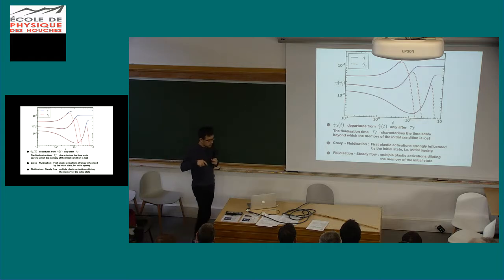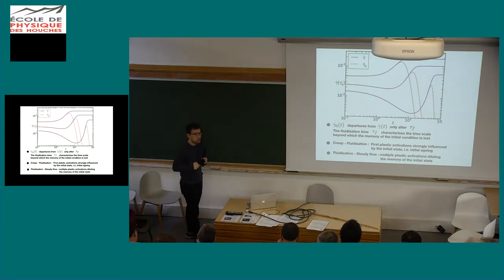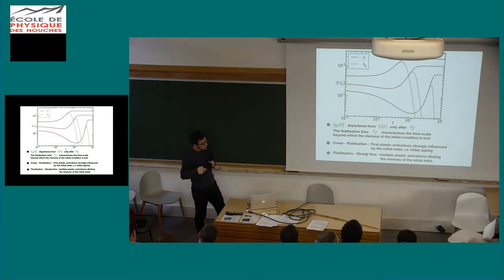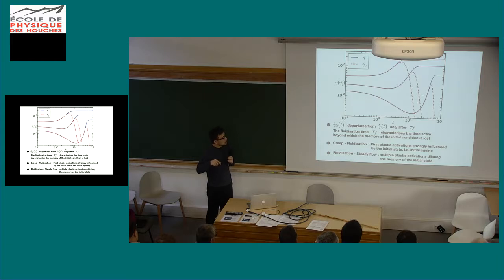So then we can interpret the tau f from the model as a time scale beyond which multiple activations take over, and the memory of the initial condition is lost, and beyond which the dynamics is dominated by the multiply activated sites.